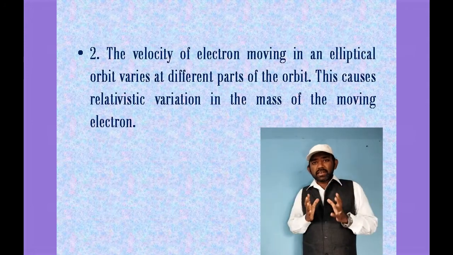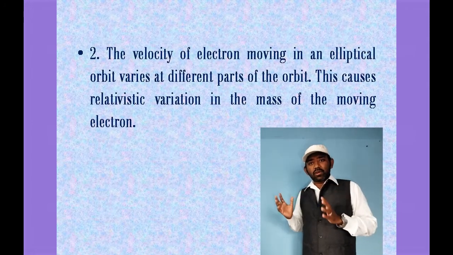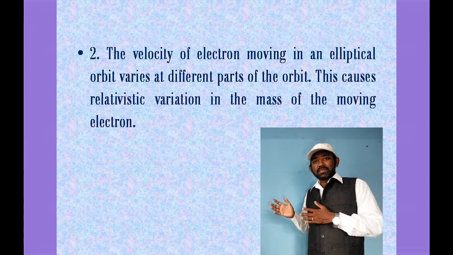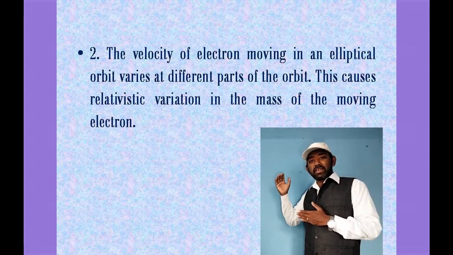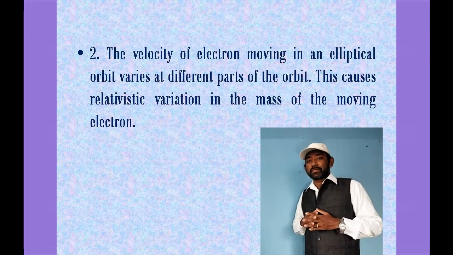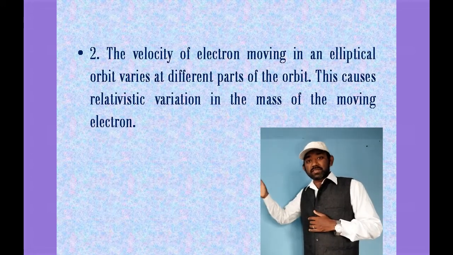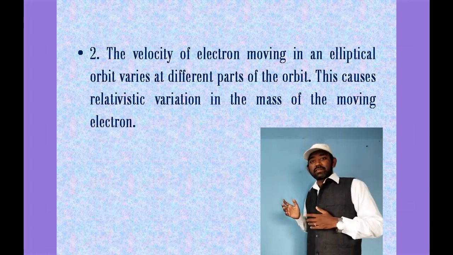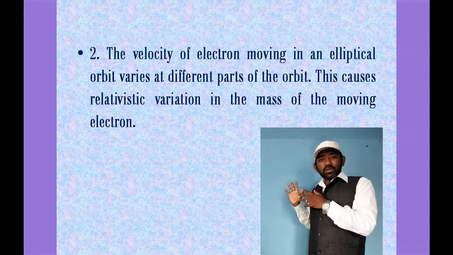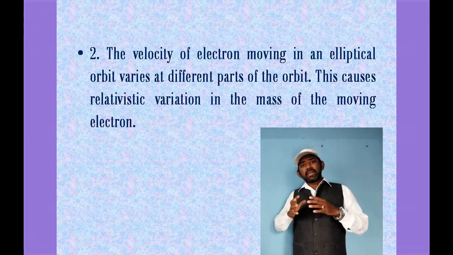The second one is that the velocity of the electron moving in an elliptical orbit varies at different parts of the orbit, which causes relativistic variation of the mass of the moving electron. The velocity of the moving electron is not a constant; sometimes it moves faster, sometimes slower.